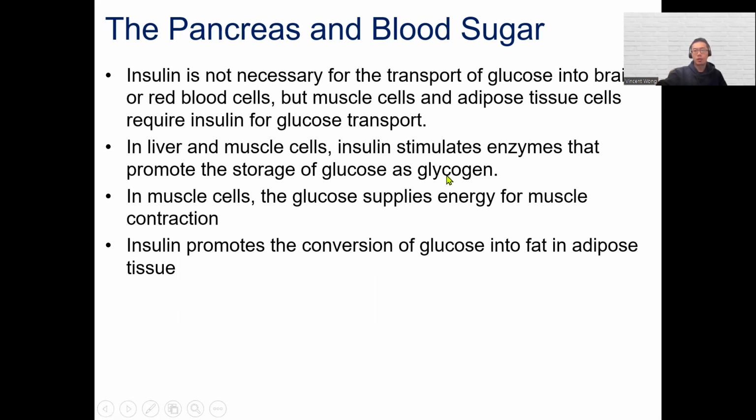Glycogen is for short-term storage. Like if you skip breakfast tomorrow, you're gonna get the glucose from the glycogen. If you haven't eaten for a couple of days, then you're going to tap into your fat reserve to release that glucose. Or if you have high cortisol level, right, we just learned, then your body will switch to fat metabolism and save the good stuff, the glucose, for the brain.